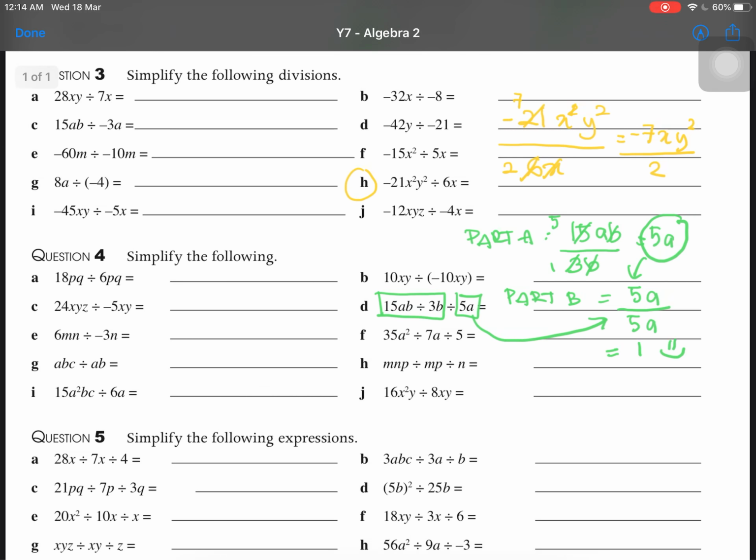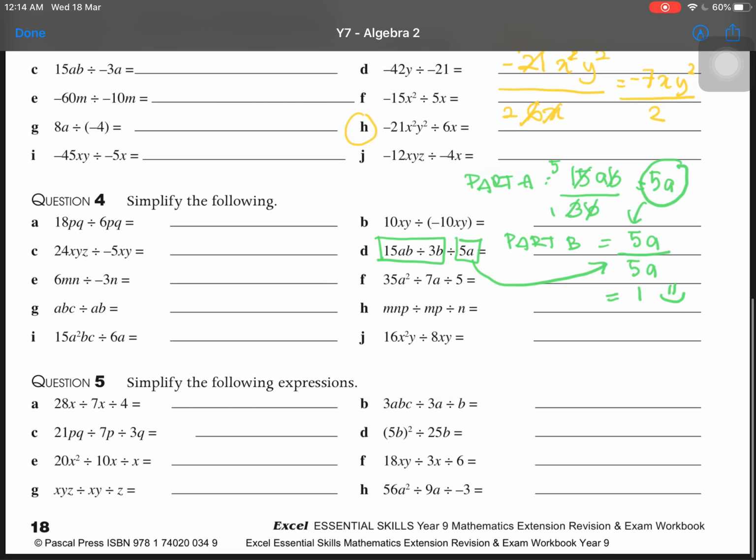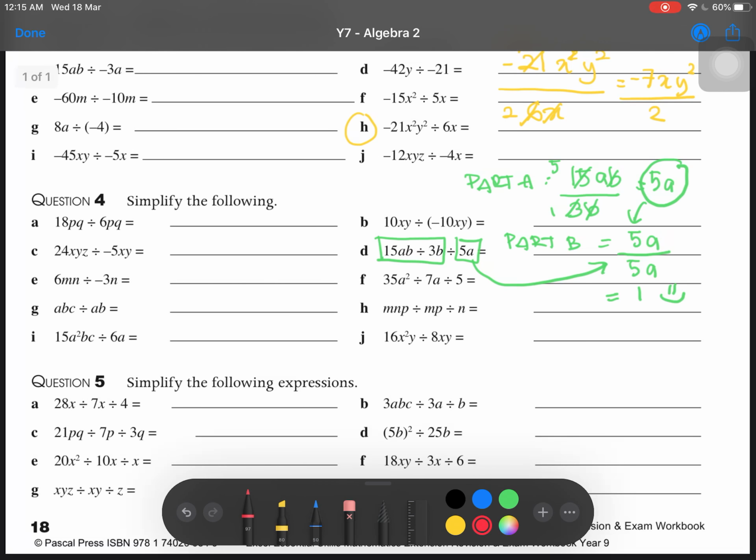Okay, let's look at question 5. Is there any in particular? I'm interested in question D again. Okay, let's look at question D. So now, first of all, you learn BODMAS.